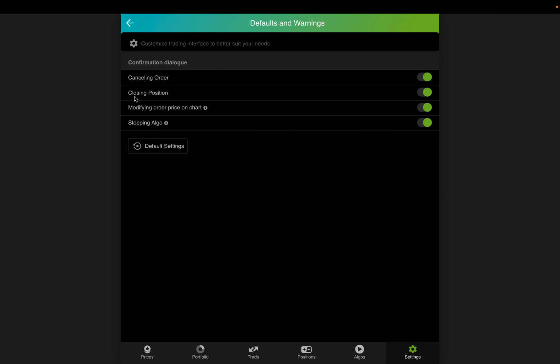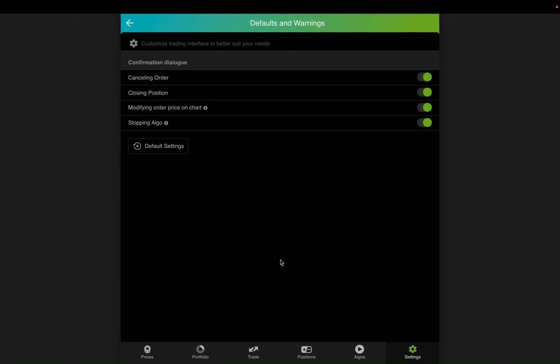You can turn them on or off here. You can also turn them off whenever you see them on the screen. There is a checkbox which says don't show it again, but previously if you checked that box, there was no way to get them back. Now, if you decided that you don't need them, you can turn them off at any moment, and then you can turn them on again here in settings.